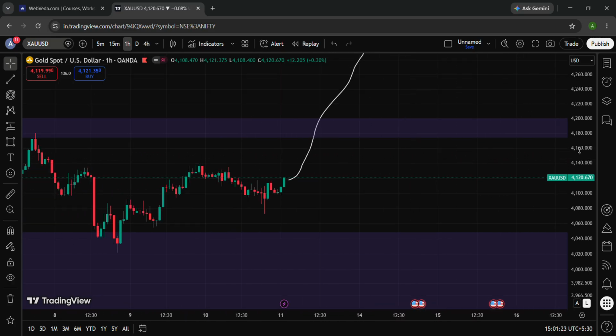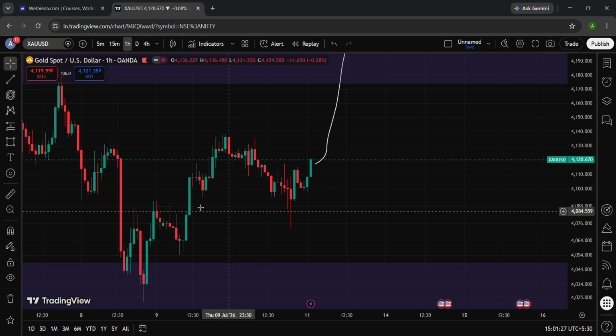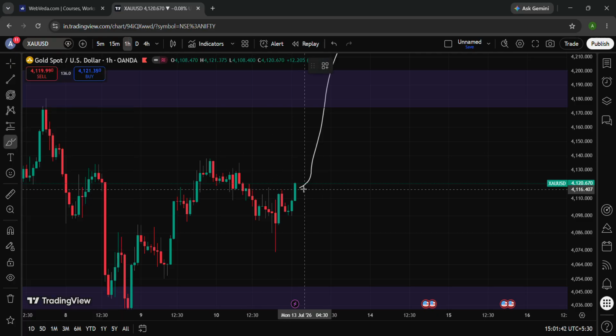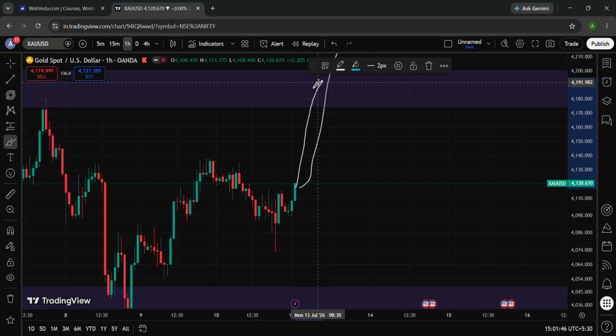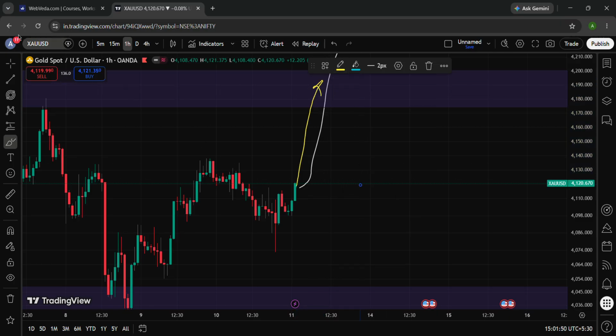And in the 1 hour chart also, I feel that the price is taking support from this zone, and this is certainly an FVG. This is a liquidity sweep, and price can move upward from here. So the 1 hour chart also tells me that price can move upward from here, right? Let's make it in yellow.